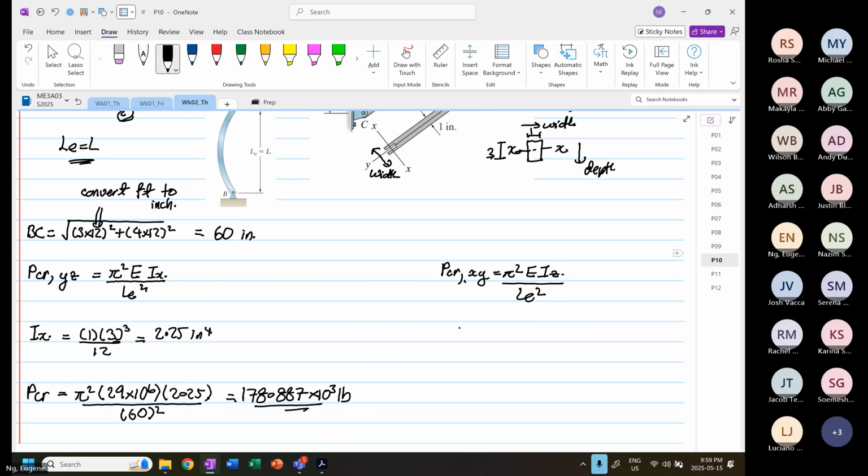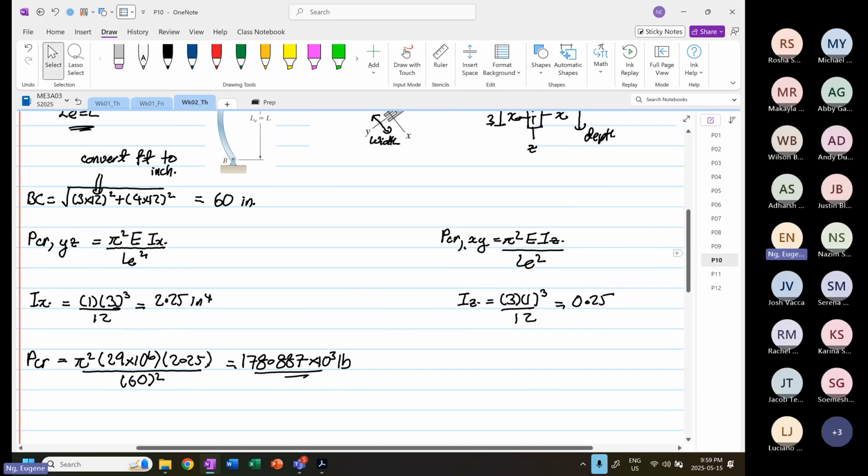So this is our ZZ axis. The width will be equal to 3 and the depth will be cubed, divided by 12. So 3 divided by 12 equals 0.25.